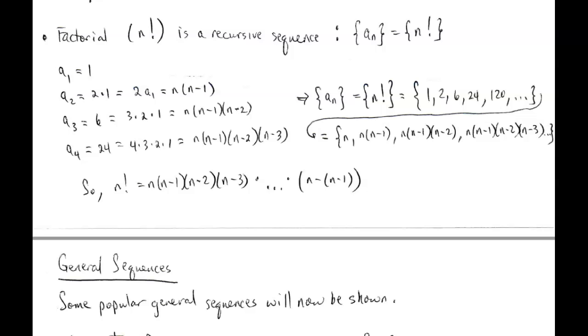You just multiply that times all the natural numbers previous to it till you get to 1. So for instance, if you want to figure out what 4 factorial is, it'll just be 4 times 3 times 2 times 1. Now, the thing is that with factorials, one of the things that has to be understood when you deal with them is that 0 factorial is equal to 1, and 1 factorial is also equal to 1. So these two things have to be previously defined before you get started here.